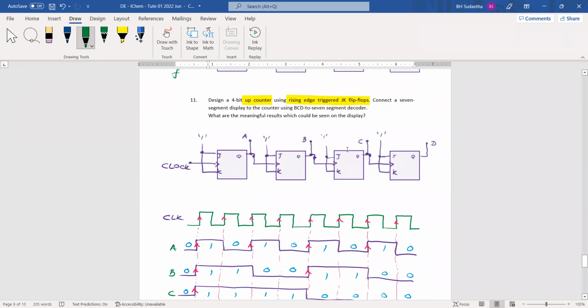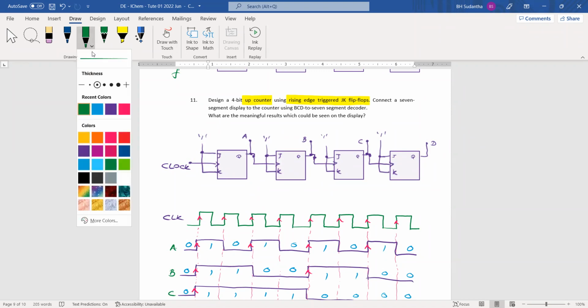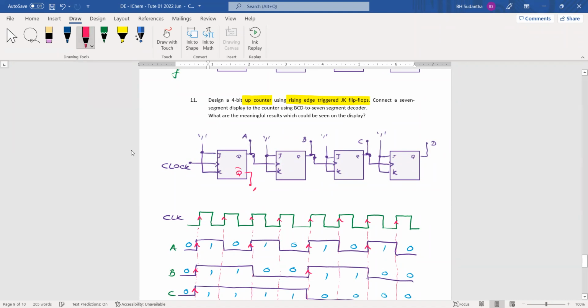The 4-bit is there, A, B, C, D. Based on the timing diagrams, we can do this modification, and we can say this is Q bar, this is A bar, B bar, C bar, and D bar.